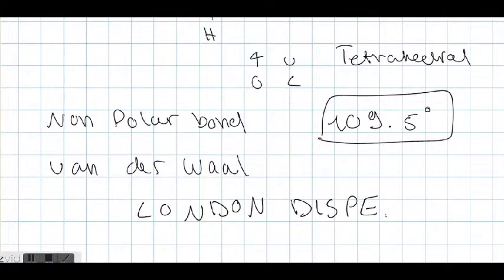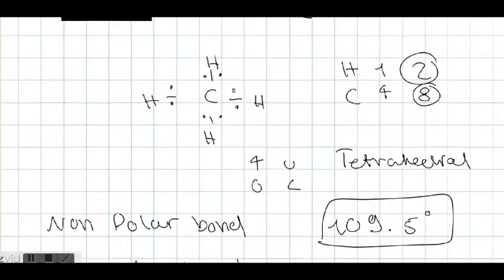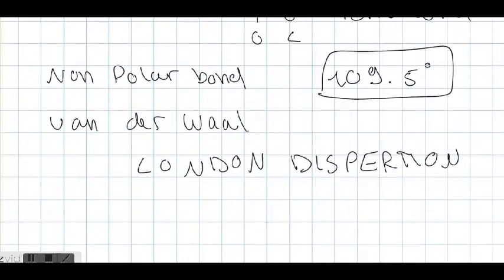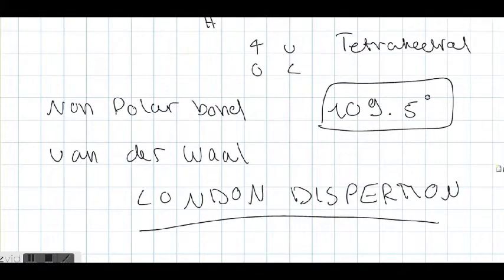Meaning that at a certain second, the electrons over here or down there might move to right or left, causing certain parts of the compound to be more positive or negative than during other times. So yeah, this is information about methane.